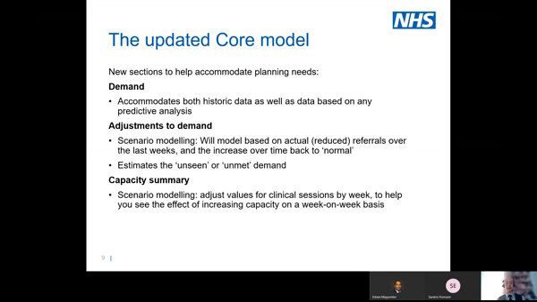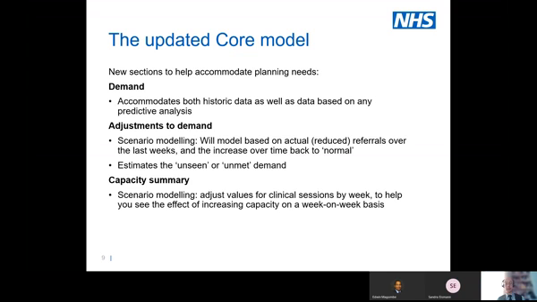The other section that we've looked at is also capacity, because obviously the new kind of changes that have occurred in how we're interacting with patients will also have an impact on capacity. So as Sandra mentioned, making sure that we have safe spacing for patients, and also potentially resource allocation, so reallocating resources and prioritizing particular services may mean that your service may not have the capacity it may have had before.